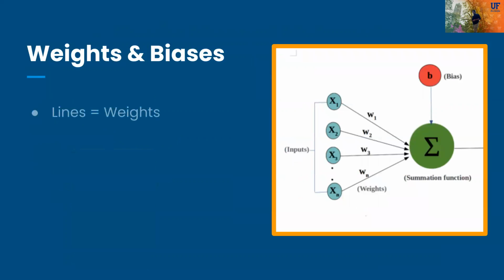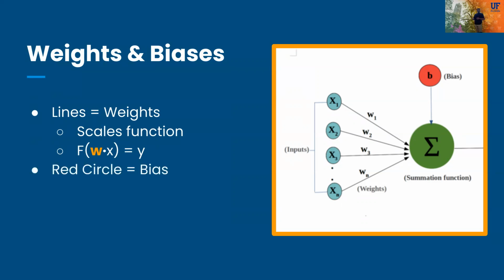The lines on this graph, the W's, mean the weights, and you multiply the weights on the lines. It helps scale the function up or down so it helps you fit the data. It will look somewhat like this within the function.